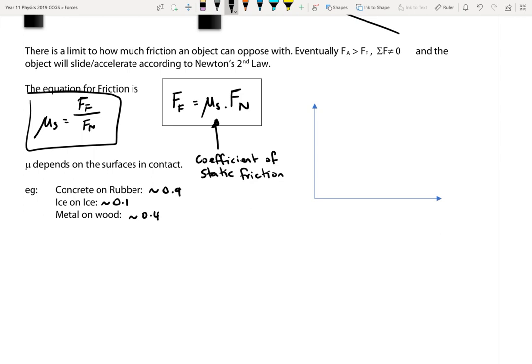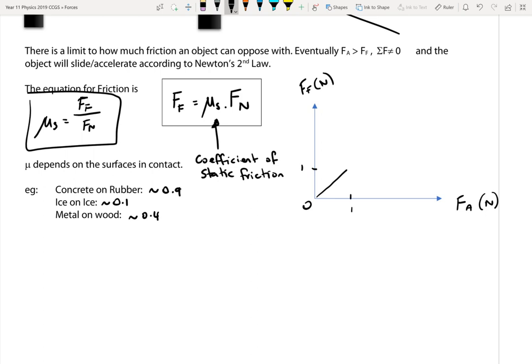Now, could I get you please to plot friction force as a function of the applied force? So we're going to replicate my demonstration over there about me pushing on the object. So let's start with 0, and I applied 1 newton, and the book was able to oppose 1 newton.